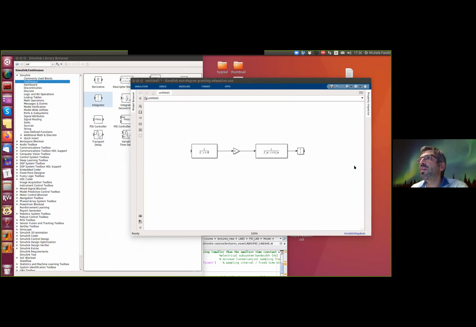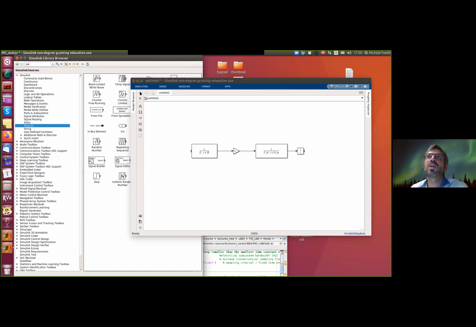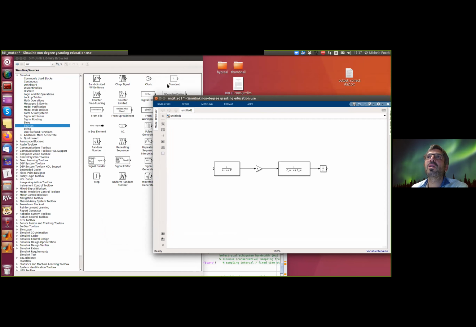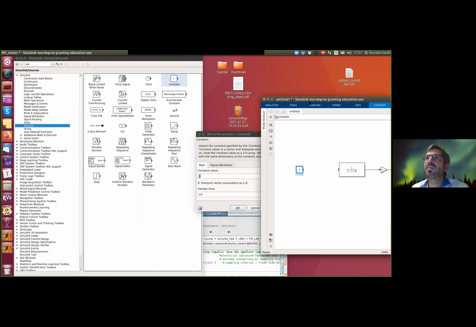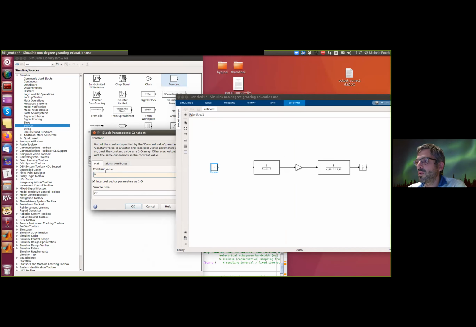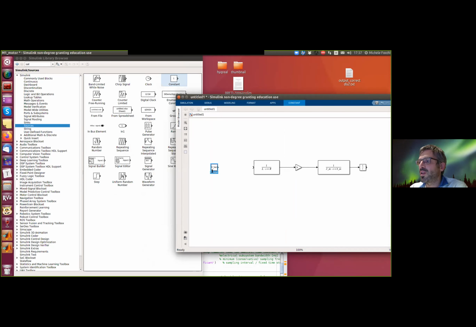Then what about the back EMF? Let's say our initial input is a constant input, v bar. And this voltage input needs to be subtracted with the back EMF.